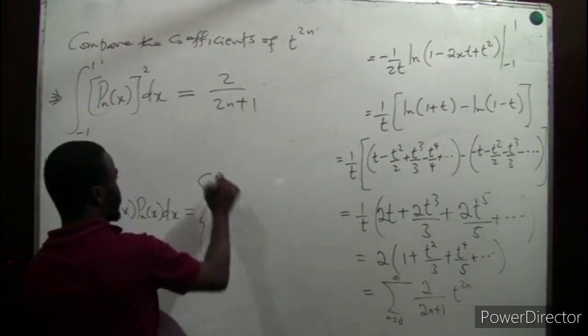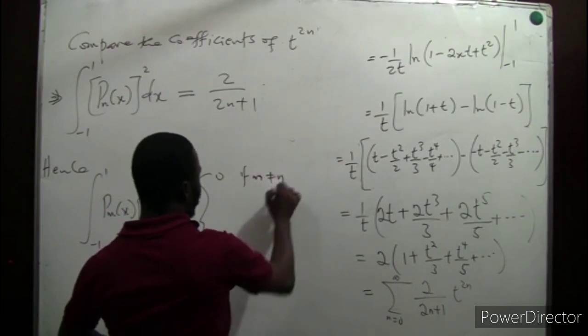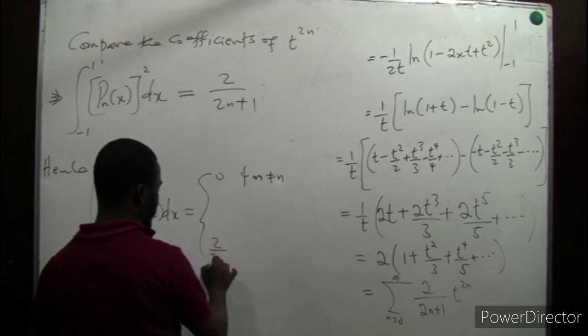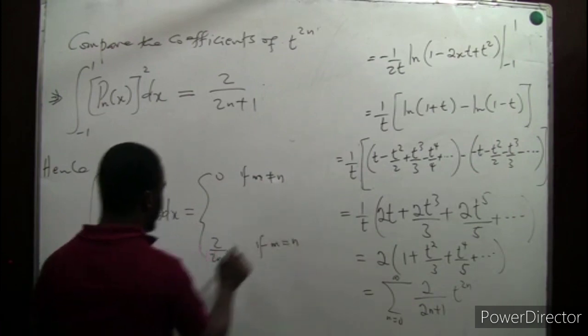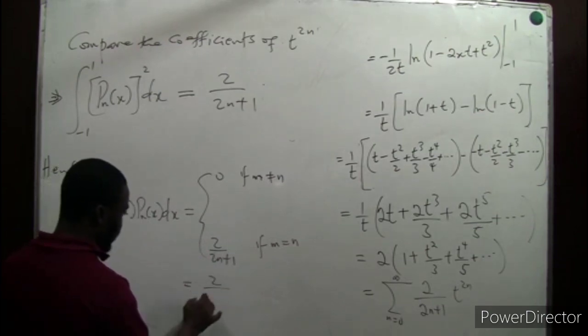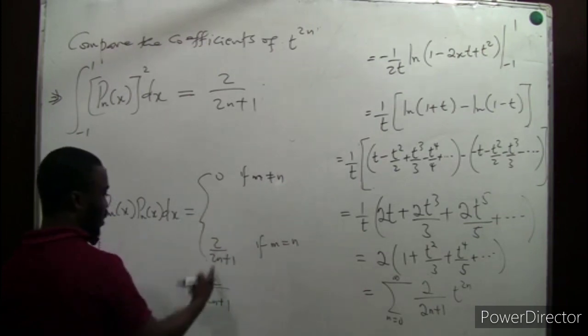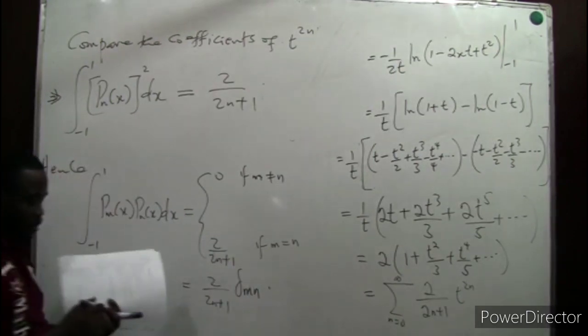Equals 0 if m is not n, equals 2 divided by 2n plus 1 if m is equal to n, which can now be written as 2 divided by 2n plus 1. If you factor out this, multiply, this is still 0, and this one will have become 1, which now defines Kronecker delta.